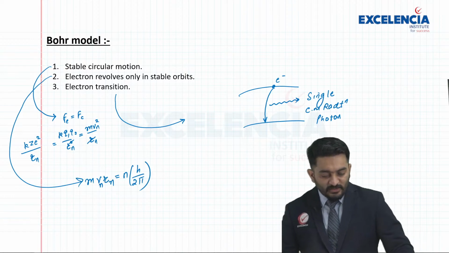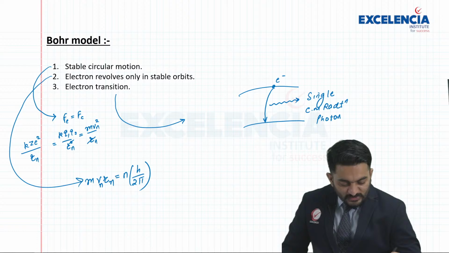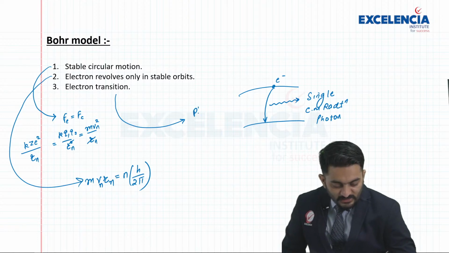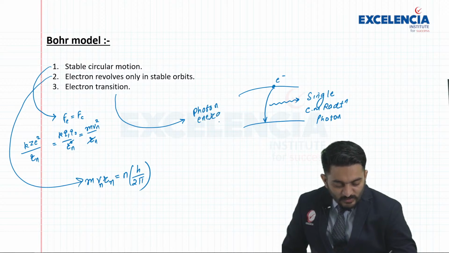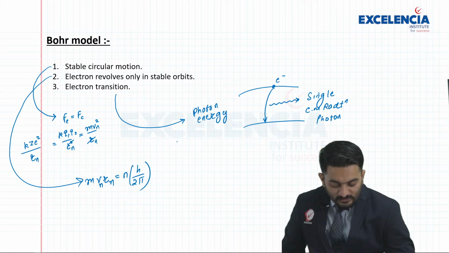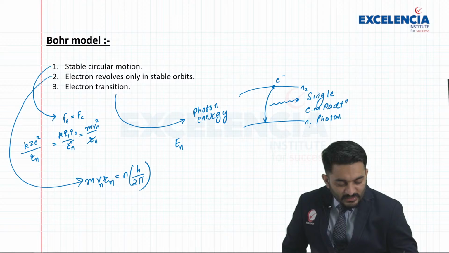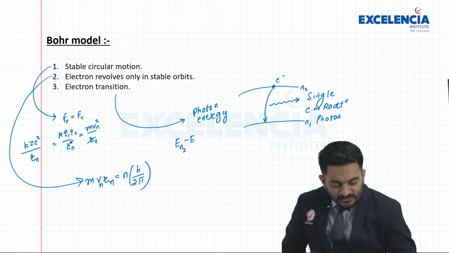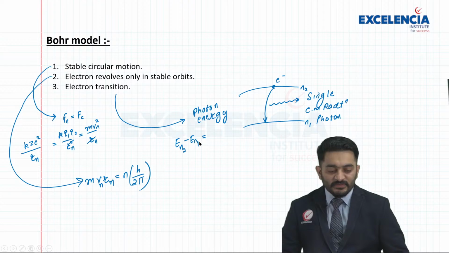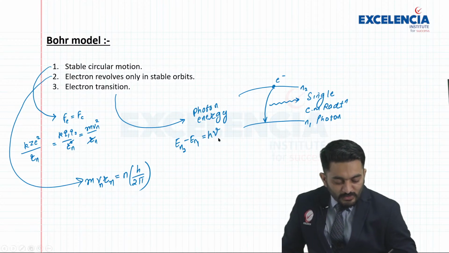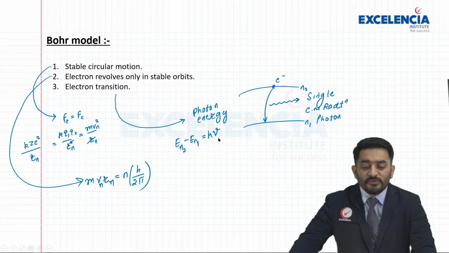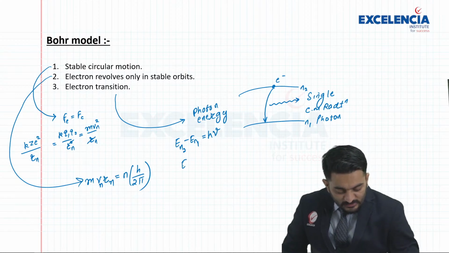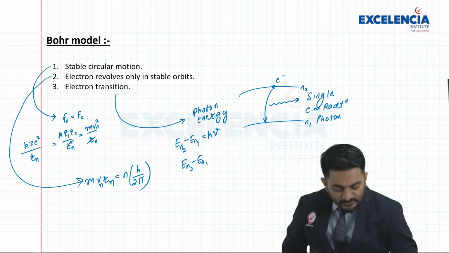This is a single electromagnetic radiation, and you should know that if you want to calculate this photon energy, the third postulate is going to help you. It simply says that if this is N2 and this is N1, whatever energy difference you have between the two energy levels should be equated to h mu, where h is your Planck constant and mu is your frequency, and you can remember that this can also be written as hc over lambda.